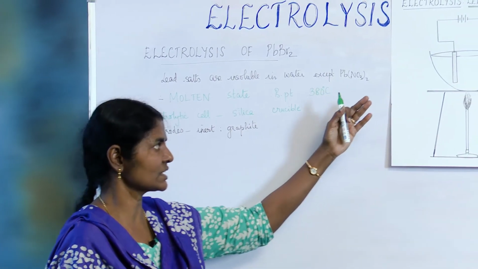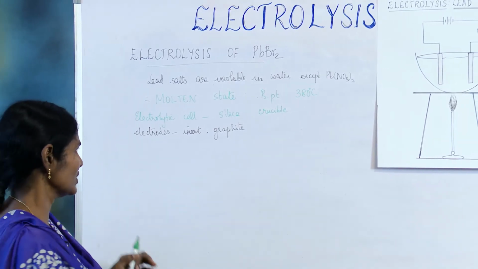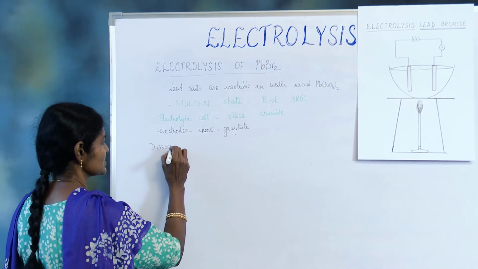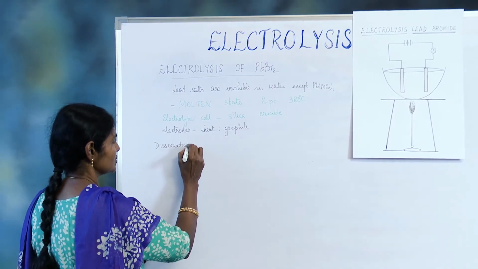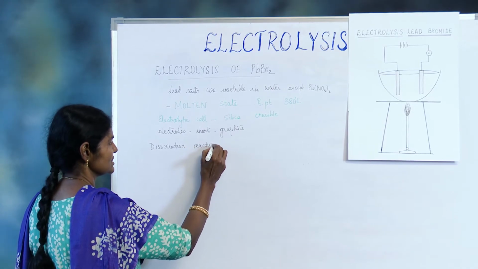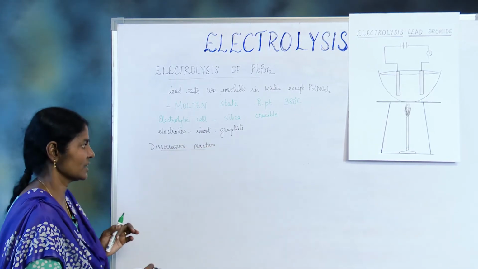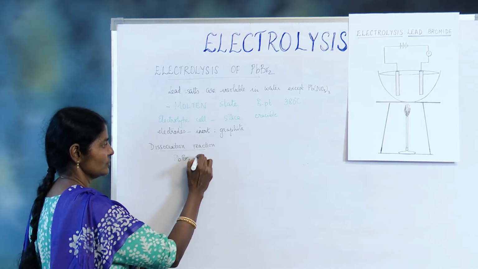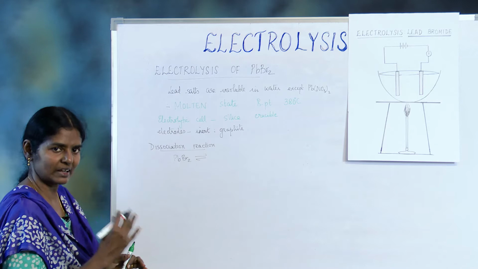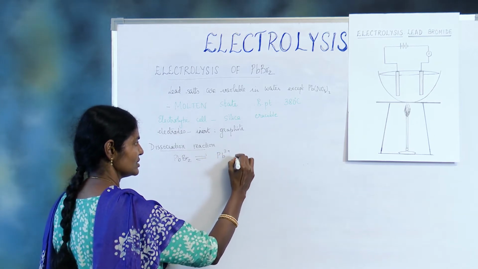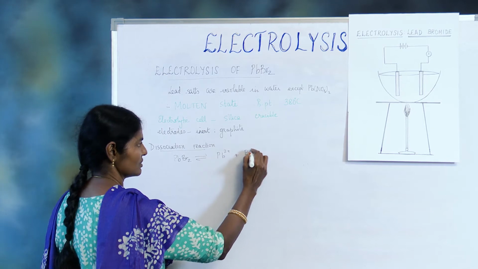Now when you connect it and start doing this, the first thing that happens is it will dissociate. So it will break down. That reaction we need to learn first. So how does it break down? Lead bromide, when it is heated, will break down into lead ions and bromide ions.